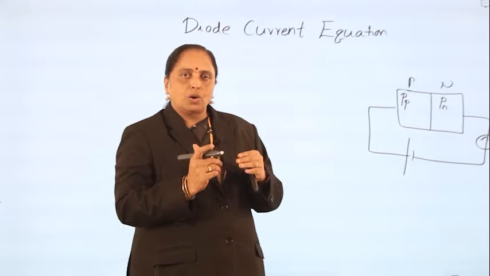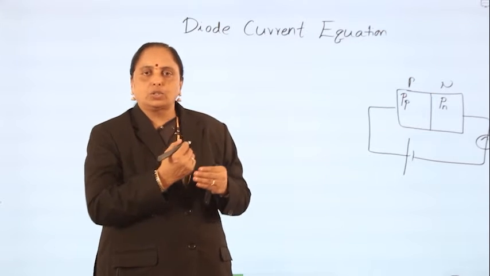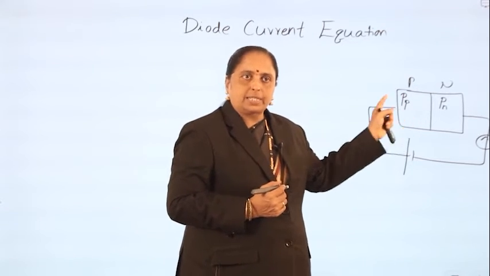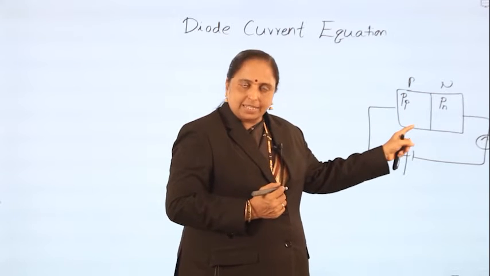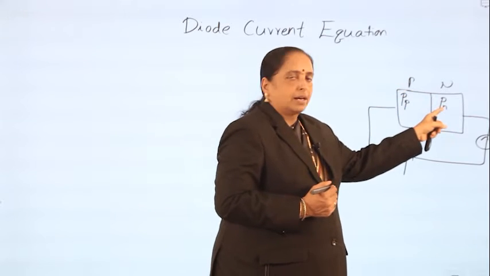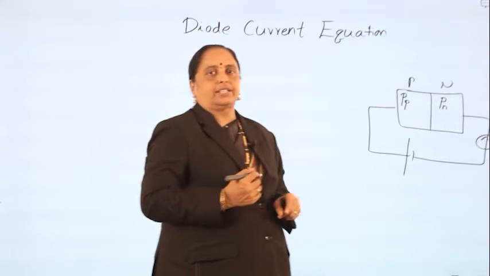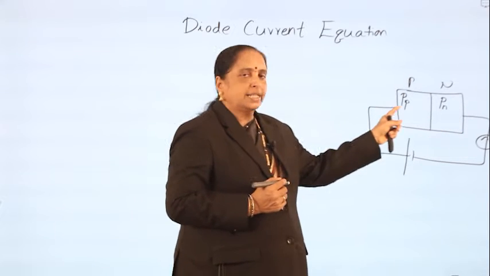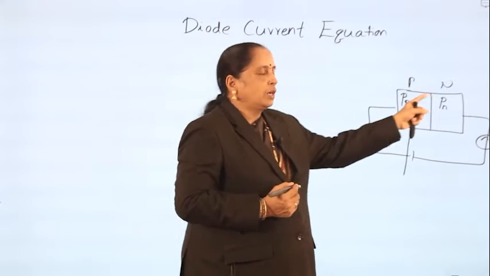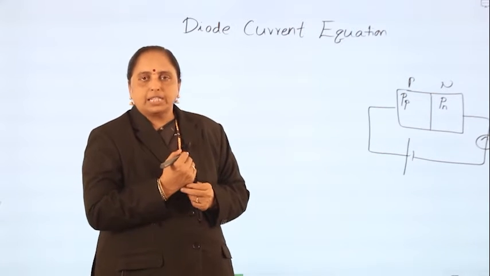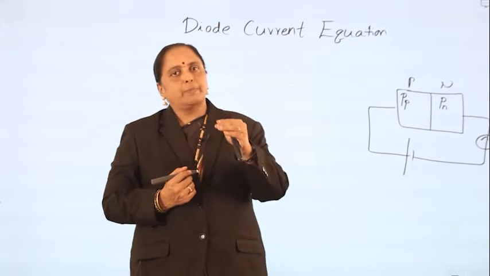Now we can connect these two charge carriers: the holes in P region, the majority charge carriers in P region, and the holes in N region, the minority charge carriers in N region. The hole density in P region and the hole density in N region are related by an expression known as the Boltzmann equation.